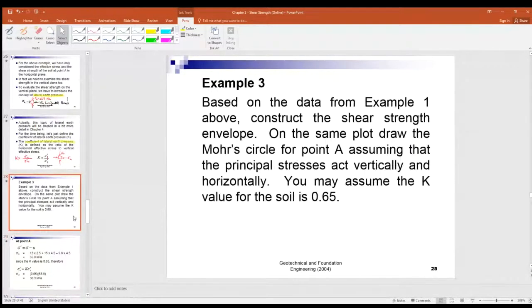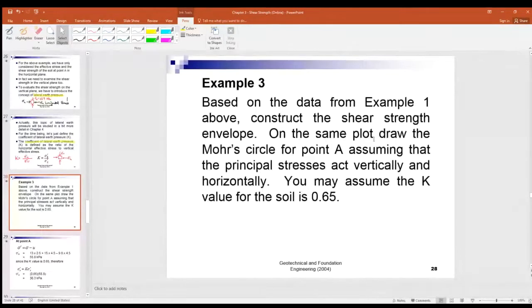Now for example 3, based on the data from example 1, construct the shear strength envelope or the same plot. Draw the Mohr circle for the point, assuming that the principal stresses act vertically and horizontally. In other words, we have not only the vertical stress, but also the horizontal stress.